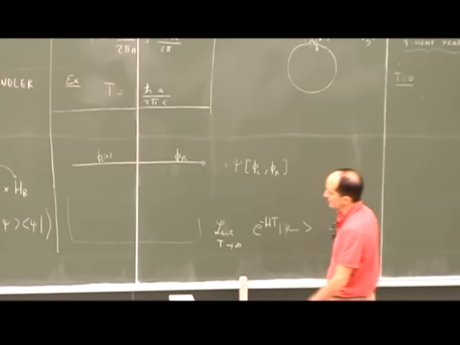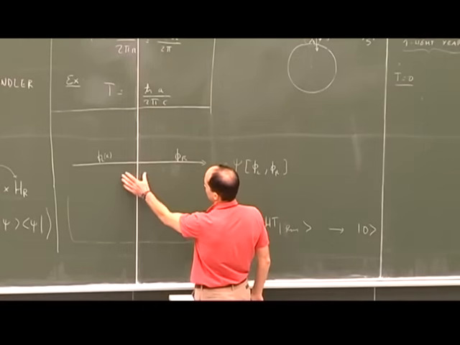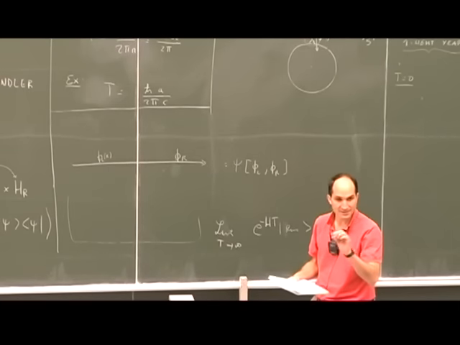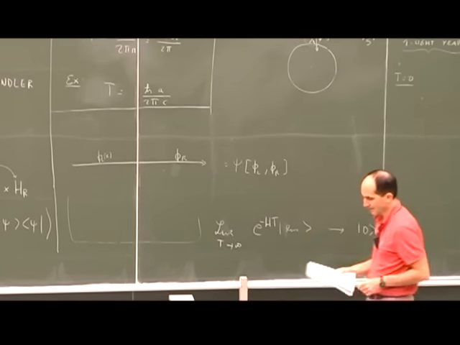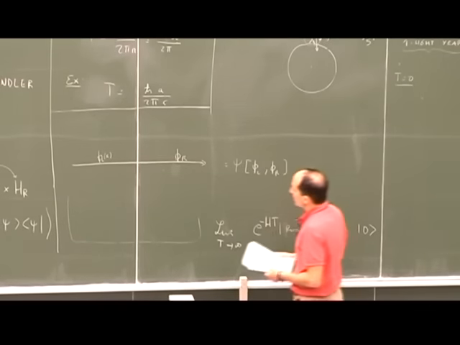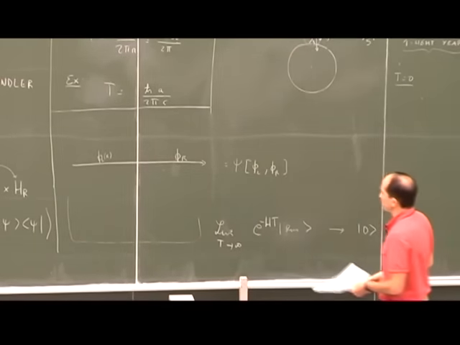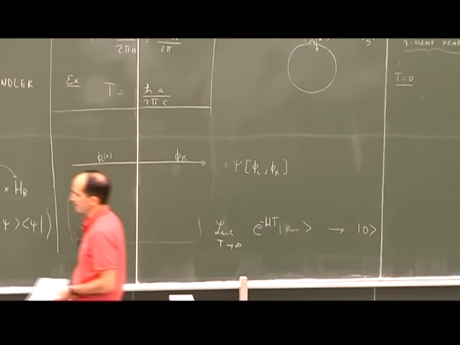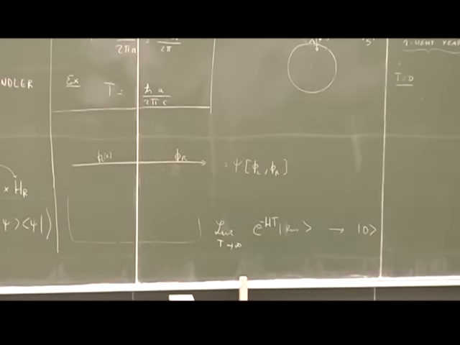This is what is usually done when we prepare the vacuum in quantum field theory. You can view Feynman's i epsilon prescription, for example, as a way to prepare the vacuum in this way. Okay, very good. So that's how we prepare the vacuum. Now that will give us this wave function. This is one of the factors here.